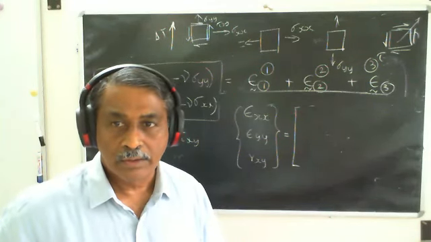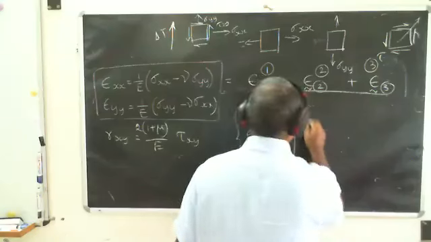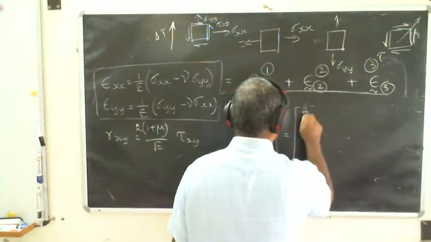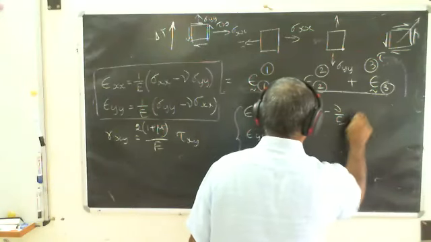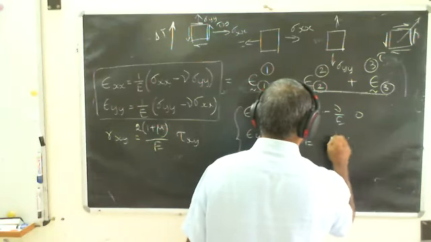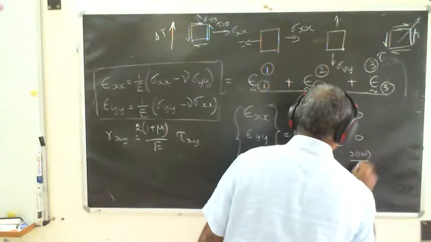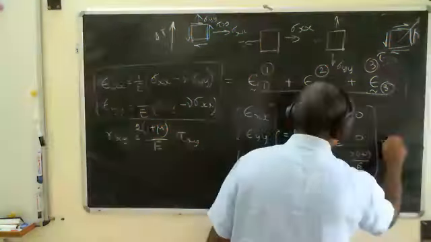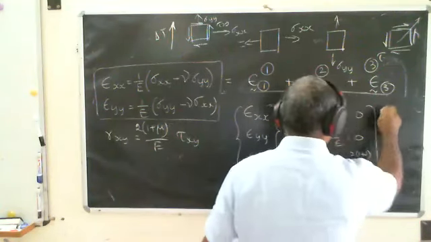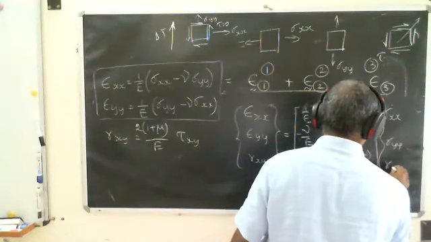Sharat, Ayush, Vaibhav. Can we just add the strain due to temperature? It's as simple as that. So this will be nothing but the matrix: 1 by E, minus nu by E, 0; minus nu by E, 1 by E, 0; 0, 0, 2 times (1 plus nu) by E; times sigma xx, sigma yy, tau xy.